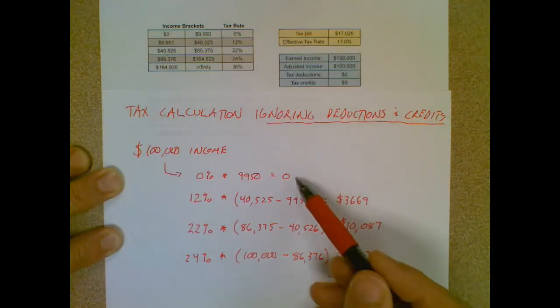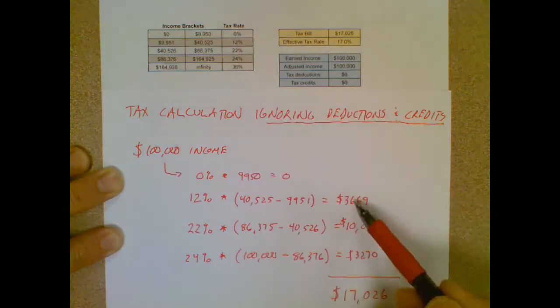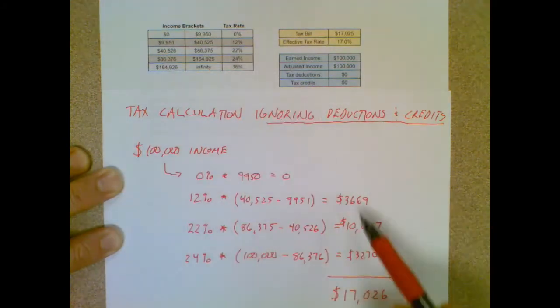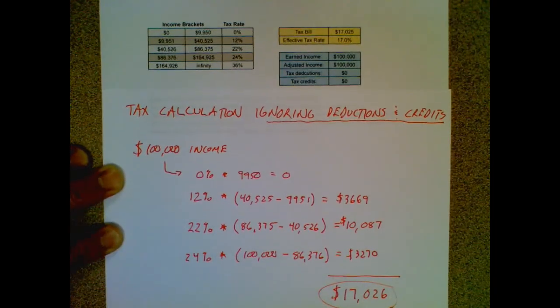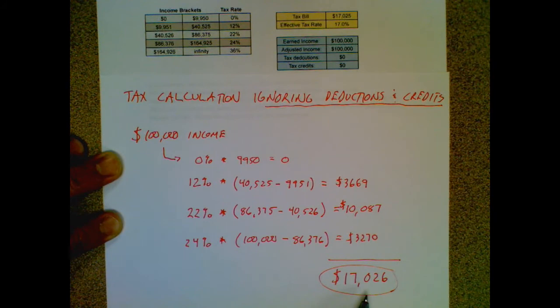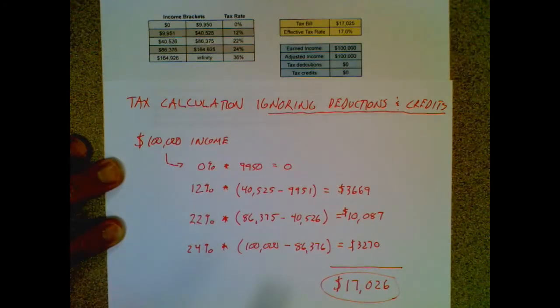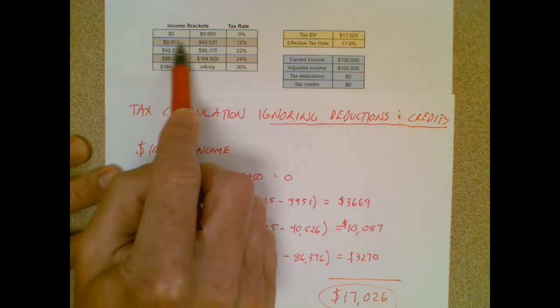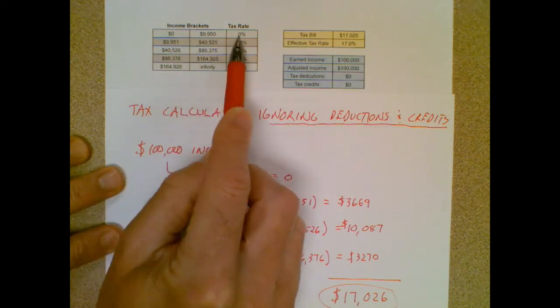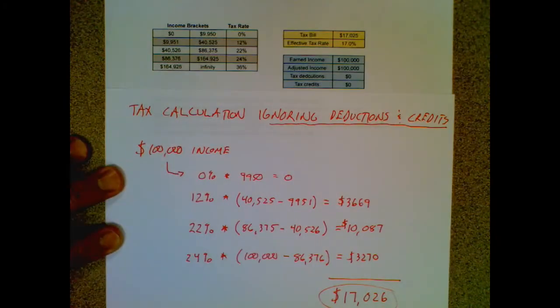Now I add my zero from the first tax bracket, this amount from the next one, this amount from the next one, and this smaller amount from this tax bracket. It all goes together to give me my total tax bill. And this is very different than just saying 24% times 100,000. It's called a graduated tax system. So the money earned at different levels is taxed at a different rate.